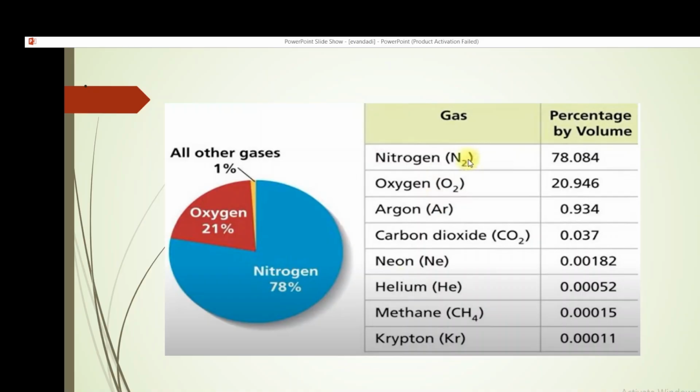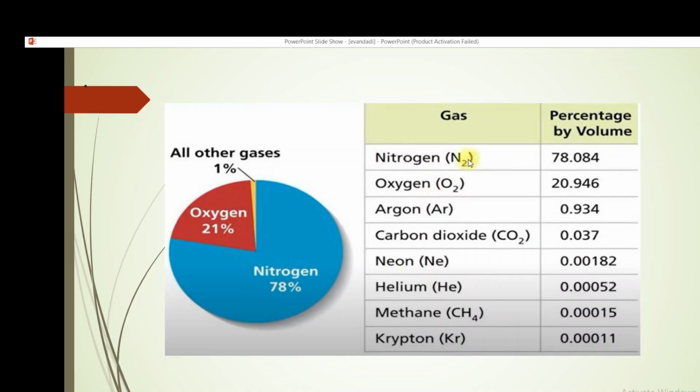As you can see from the table, nitrogen composes 78% of the atmospheric gas, which is the most abundant atmospheric gas. And oxygen is the second most abundant atmospheric gas and composes nearly 21% of the atmospheric gas.